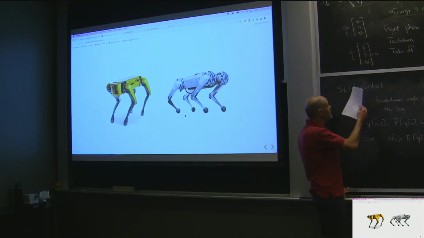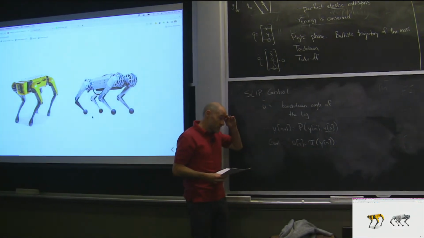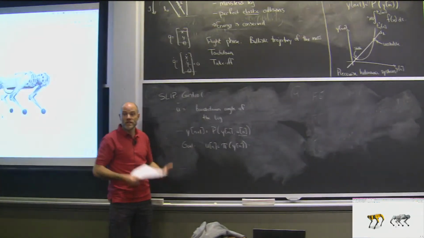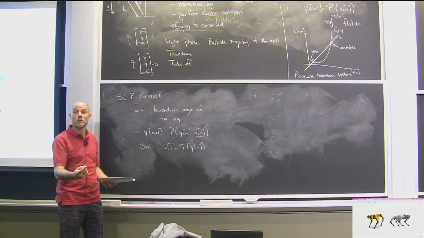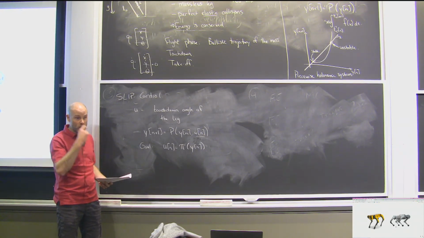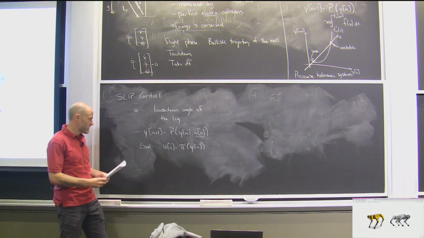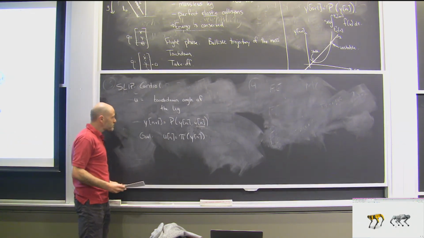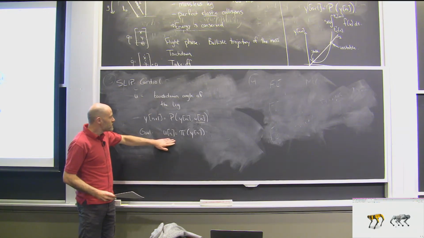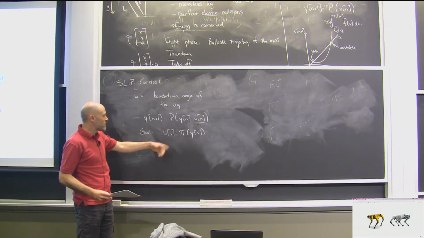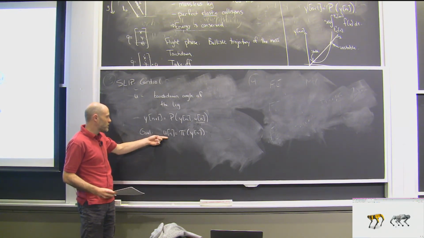So this simplification of reducing your control decisions to where am I going to place my foot, or what's my touchdown angle, is not so far from reality as you might think.